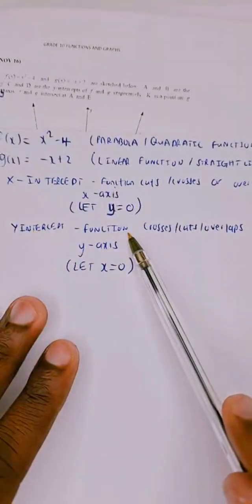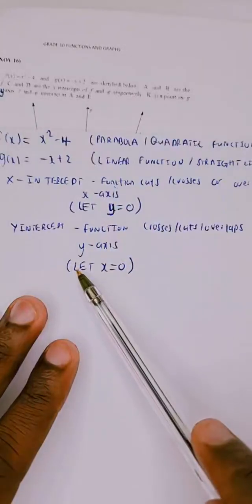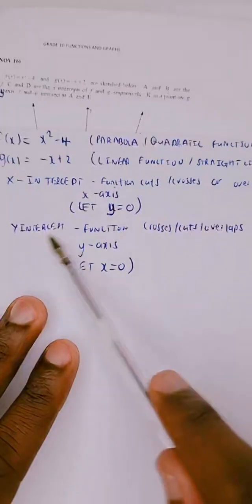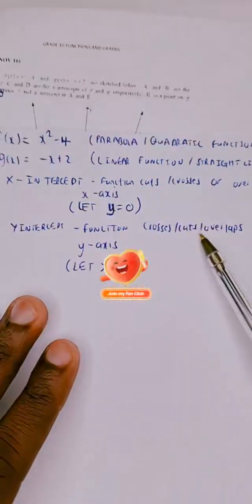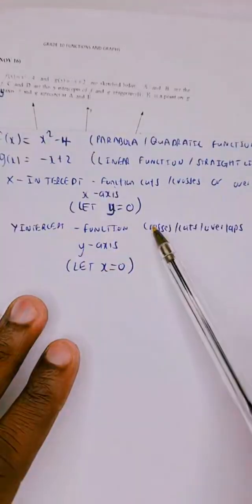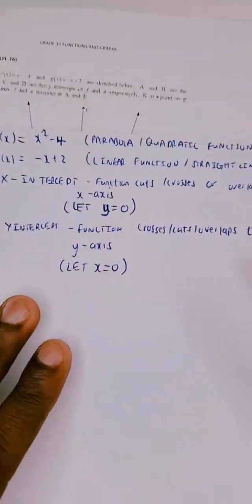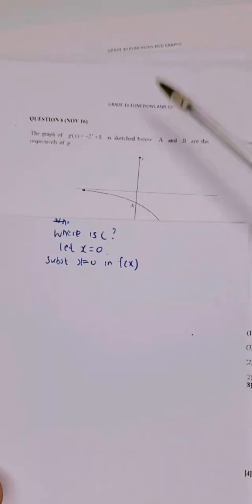For our y-intercept, the equation of that line is x is equal to 0. So we ought to then let x be equal to 0 because the y-intercept, or the y-axis, the function itself, crosses, cuts, and overlaps the y-axis. So we are going to let x be equal to 0. Furthermore, we are going to substitute x is equal to 0 where?